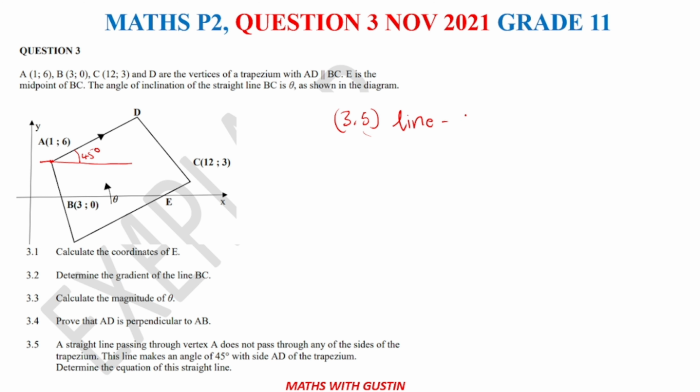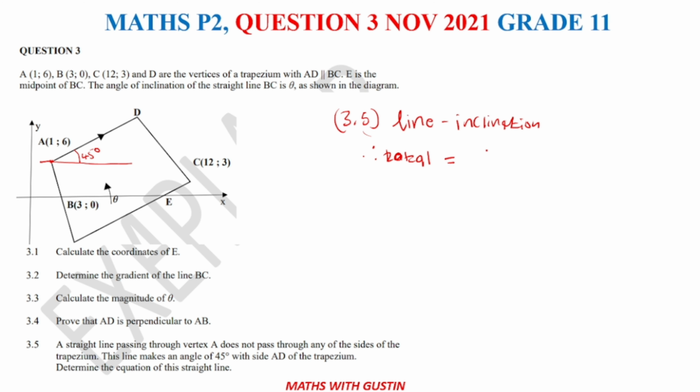You guys will know that the line's angle of inclination is somehow related to the gradient. I think we discussed that area when we were discussing the previous question before this one. Please, if you don't understand, go and watch that one, or watch a lesson on analytical geometry for grade 11.